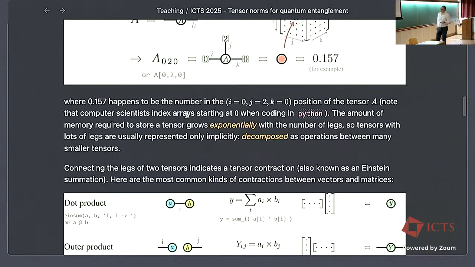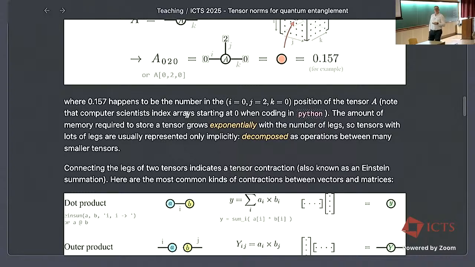Okay? So before, we had these shapes with legs, these half edges sticking out of them, and now we will connect these half edges between two tensors. This is how the dot product, the scalar product between two vectors, works. I have two vectors A and B. If they have this edge, you see this is a full edge, there is nothing sticking out.